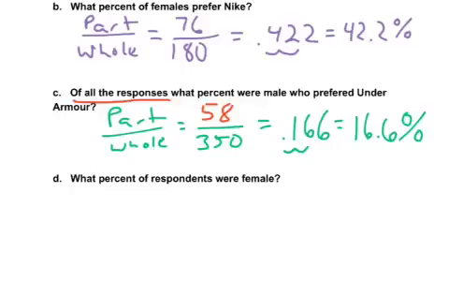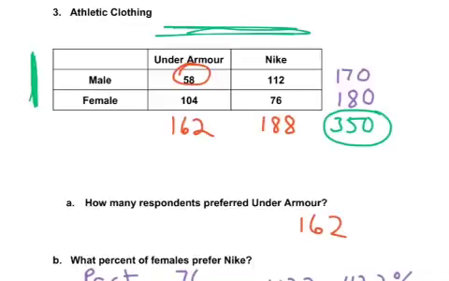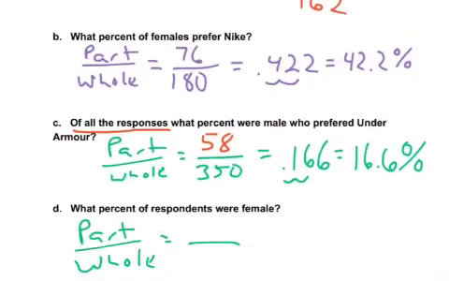Okay, I know you're just going to copy this, but hey, let's try it anyways. So it says, what percent of respondents were female? So again, let's write our magic formula here, part to whole. So part represents our target. What are we looking for? Well, we're looking just for females. So how many total females responded? Let's come up to our table, and you can see, Victoria, how many total females responded? 180. We get that right here. The total of the female column is 180.